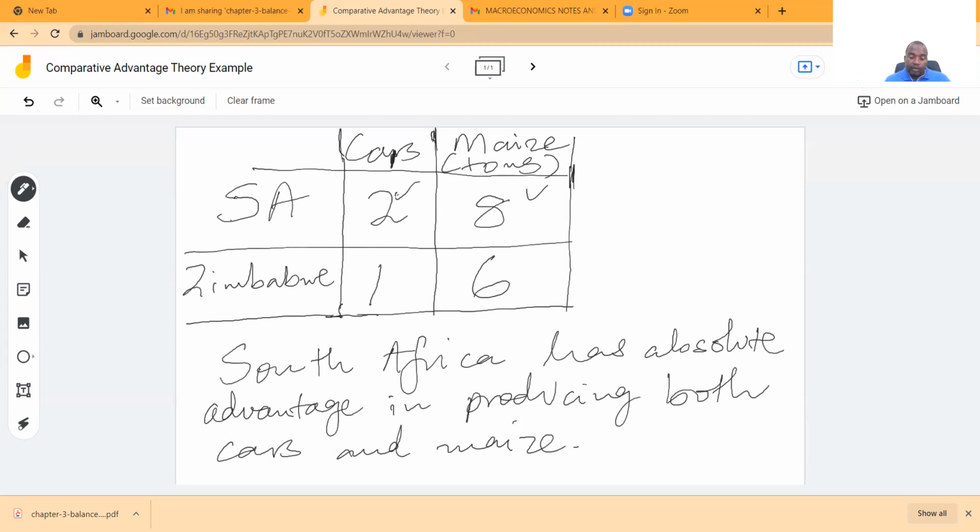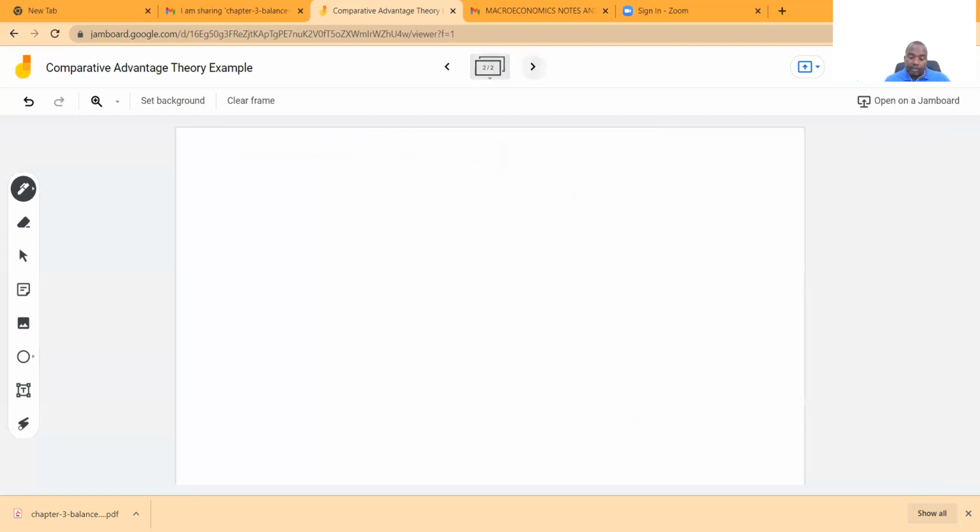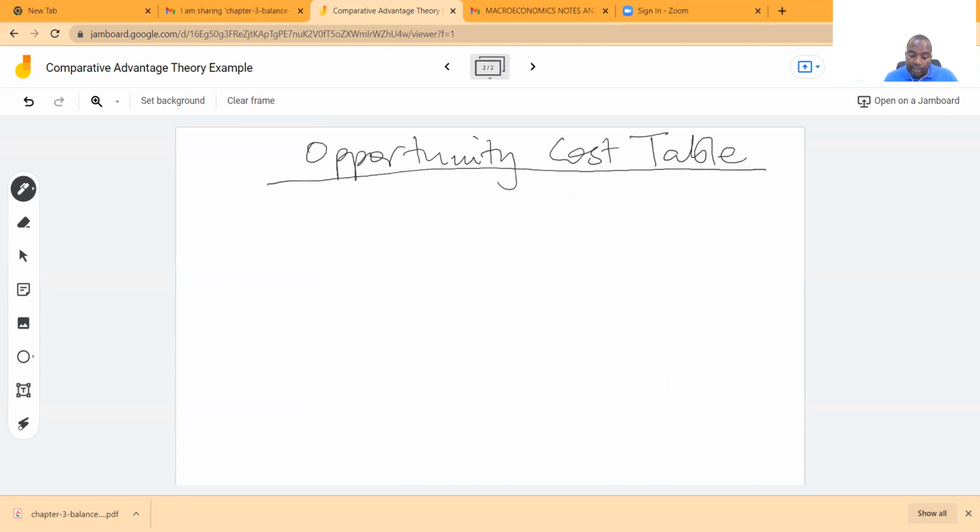We'll need to calculate the opportunity cost table. The opportunity cost table is very important for decision making under the umbrella of comparative advantage theory.